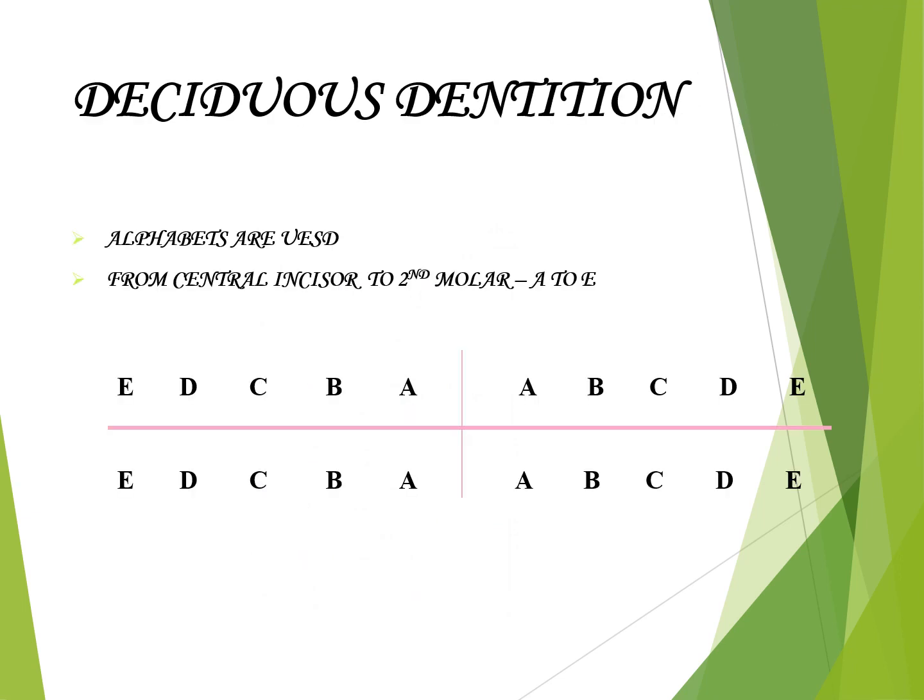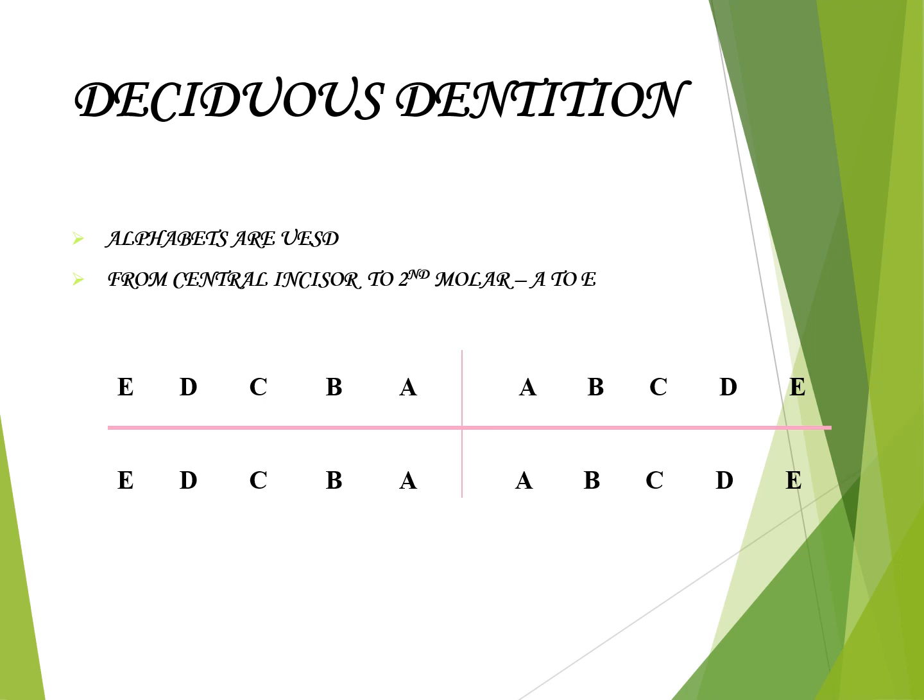So in deciduous dentition, after dividing the quadrants, to designate the teeth we use alphabets. These alphabets start from the central incisor to the molar. For the central incisor, we give the alphabet A, lateral incisor is B, canine is denoted by the alphabet C, first molar is denoted by D, and the second molar E. This holds the same for all the quadrants, both in the maxilla as well as in the mandible.